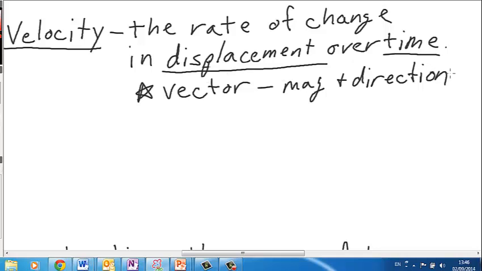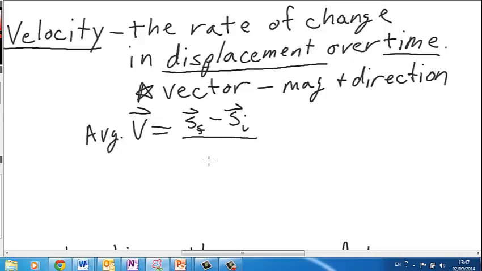If I wanted to write velocity out as an equation, I would say that average velocity, and I'd put a hat on my v because vectors wear hats, is equal to displacement final minus displacement initial divided by time, the amount of time it took.